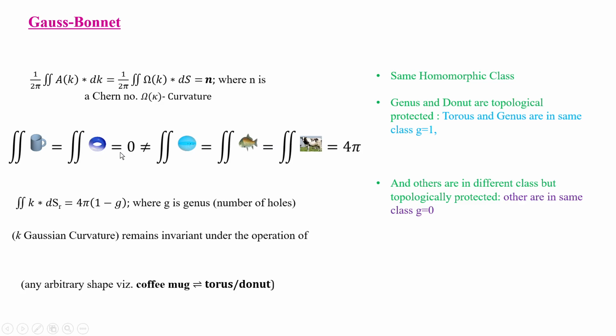This example states that the integral is equal to 4 pi under the Gauss-Bonnet theorem, and these are in the same homeomorphic class with genus g equal to 1 and integral equal to 0, and these three are in a different class with genus g equal to 0 and integral equal to 4 pi.